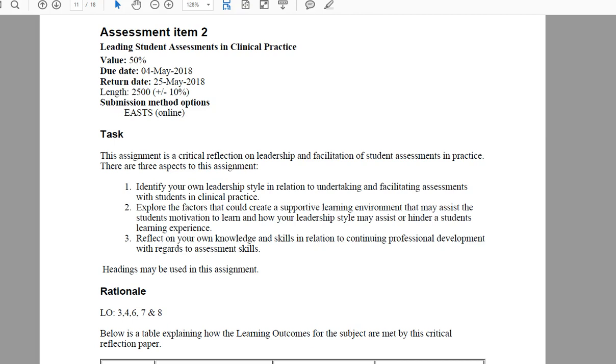Okay, so this is a critical reflection on leadership and facilitation of student assessments in practice. So what does that mean? What you need to do is you need to identify your own leadership style, and there is information about this in the modules and in other readings that are in those modules.